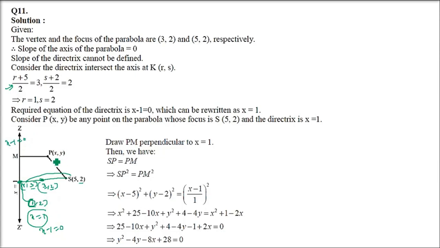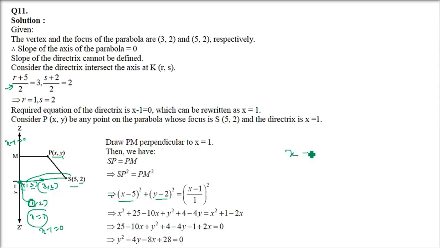Now, how to find the equation of the conic section, especially the parabola? We'll take any point, and its distance from a fixed point, that is the focus, and its distance from the fixed line, which is the directrix, will always be equal. So here, S is the focus, M is the point on the directrix, and P is the point.